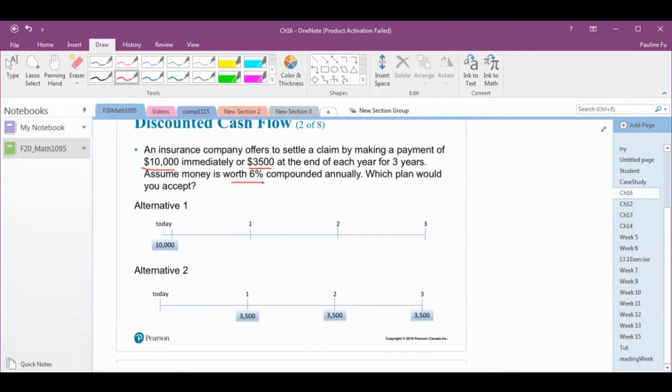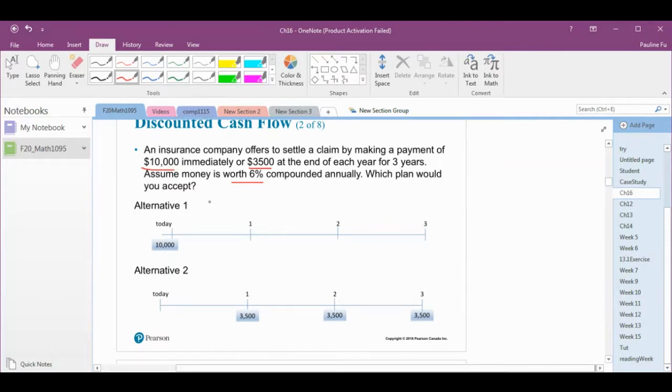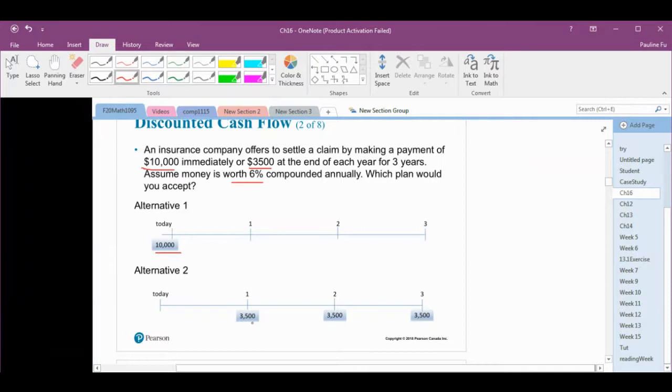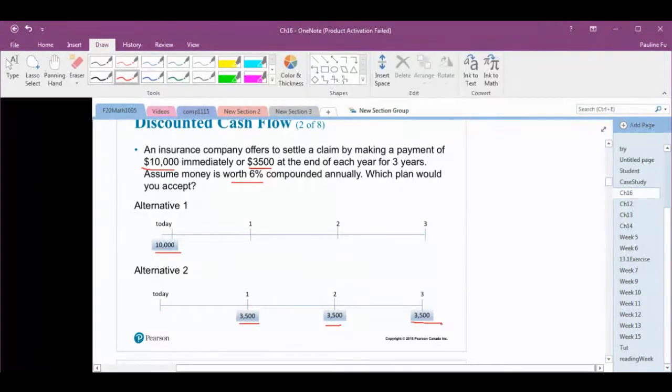There are two plans or two alternatives. Alternative 1, would you accept $10,000 today? Or would you accept $3,500 for 3 years? Which one would you accept?